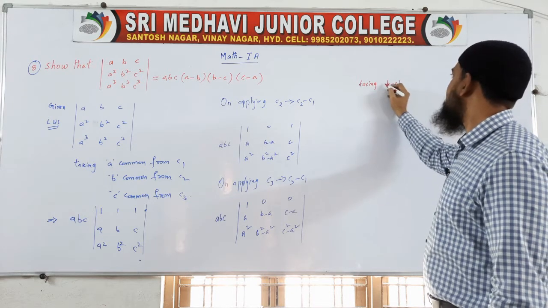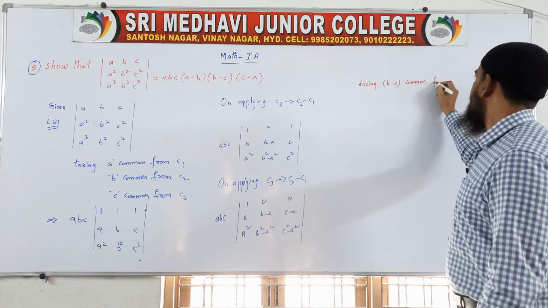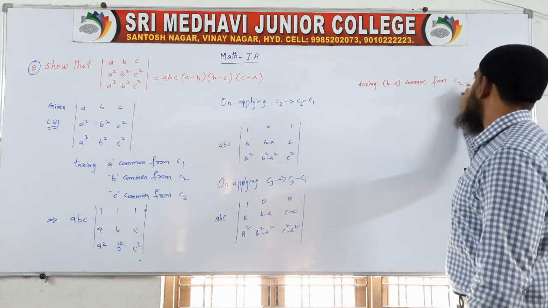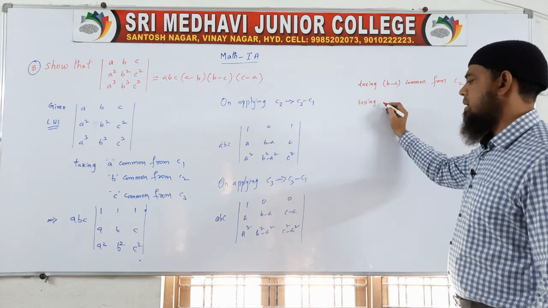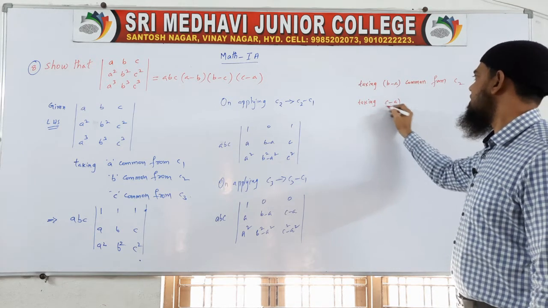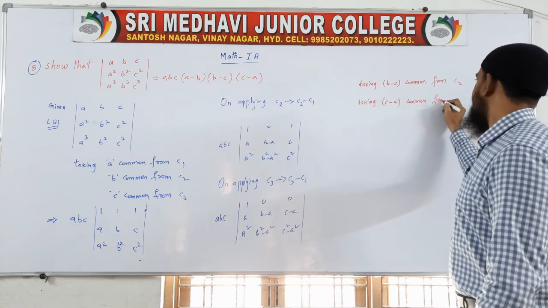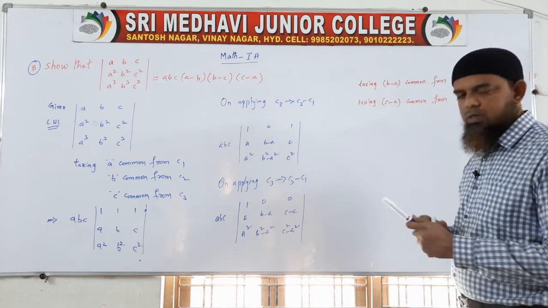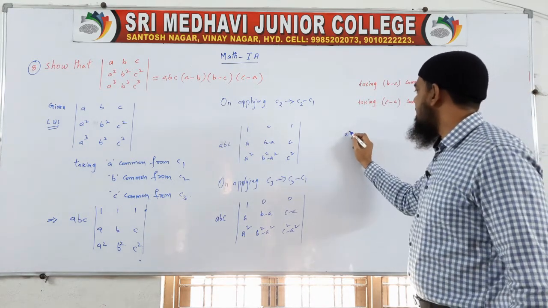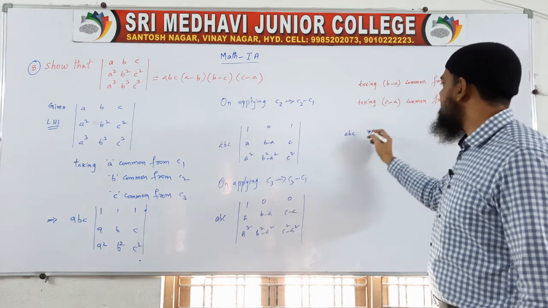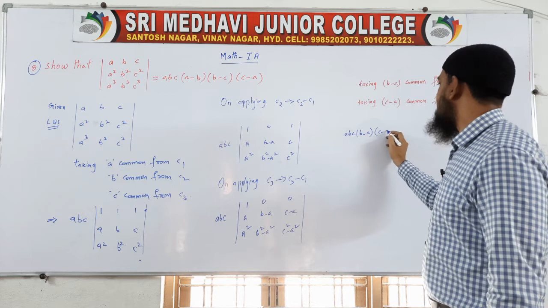Taking b minus a common from C2, and taking c minus a common from C3. Now see how to write: a, b, c. b minus a is taken common, so write down b minus a, c minus a also.